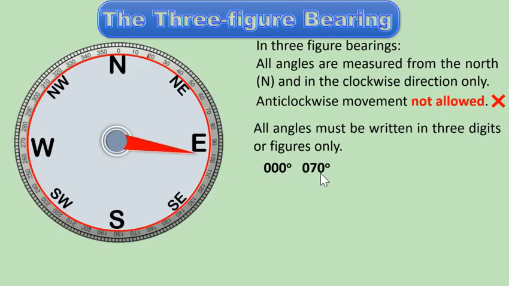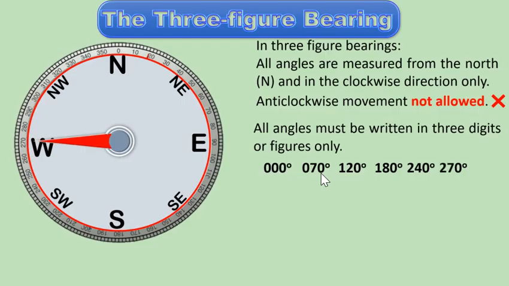Next, what is the value? 120. That's already 3 digits. Next, what is the value? That's south, 180. Next, what's the value? It's 240. Next, what's the value? 270.